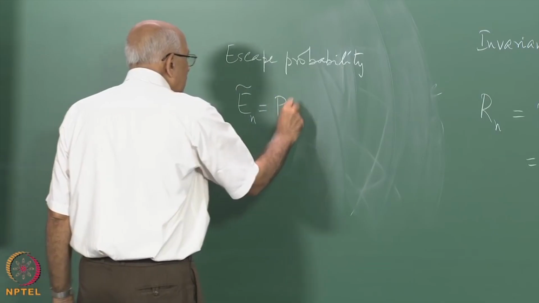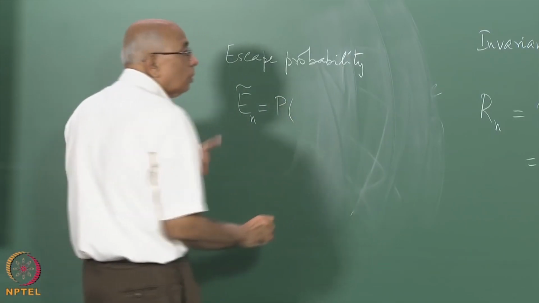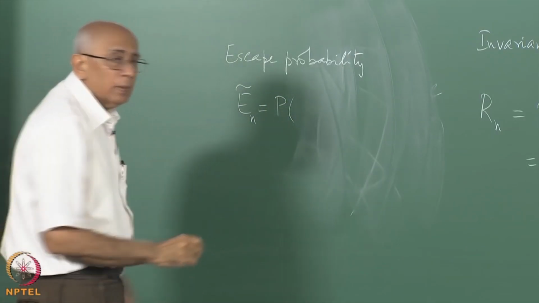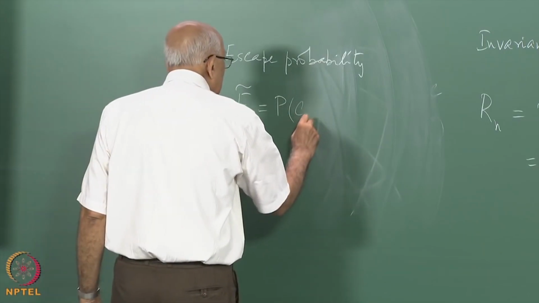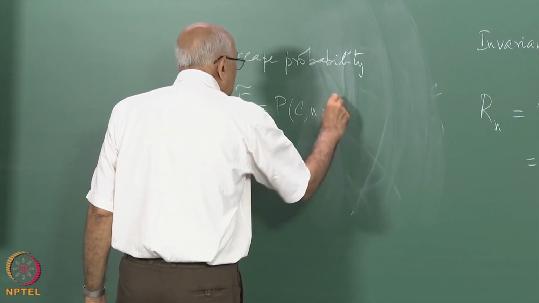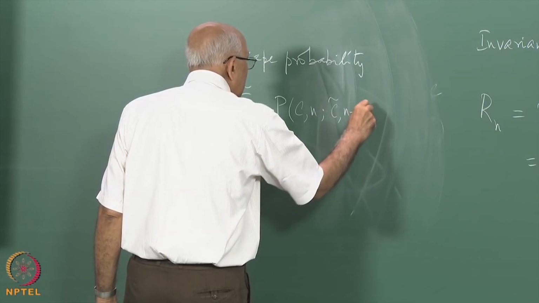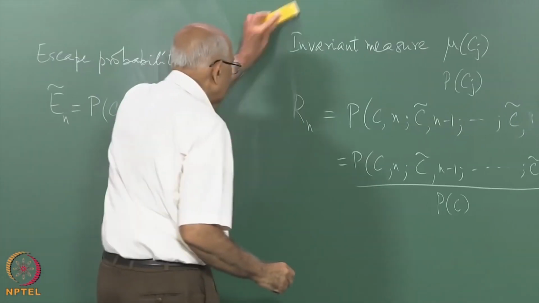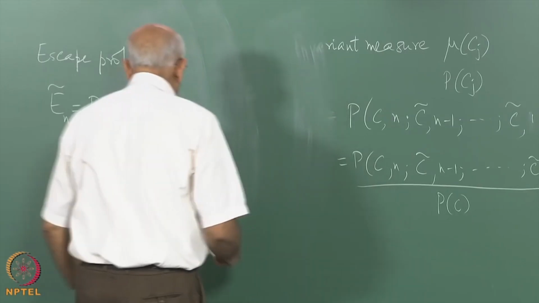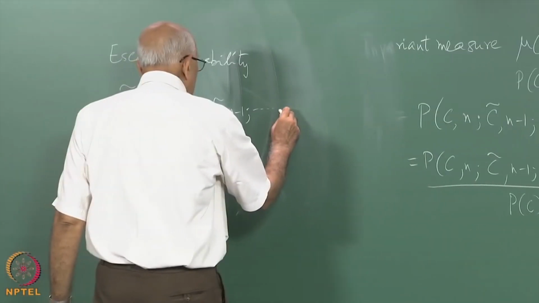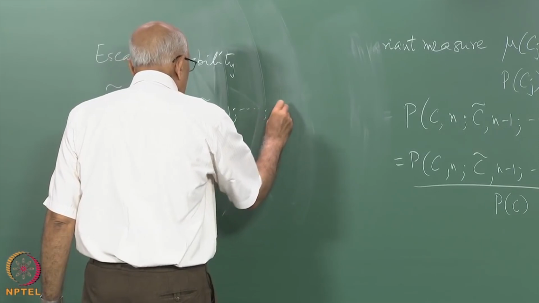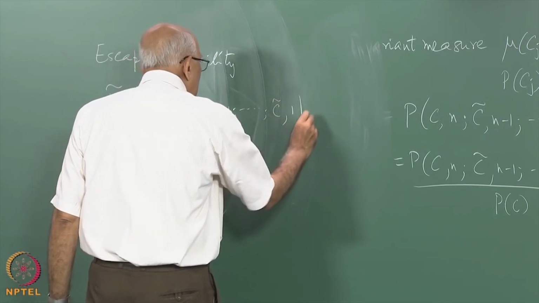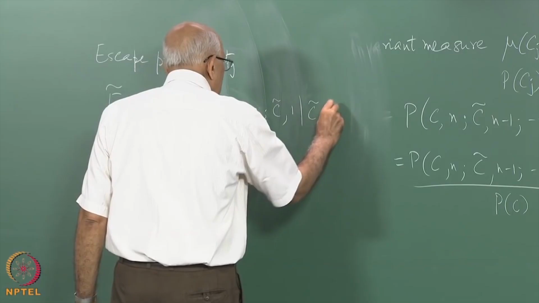This is the probability that you are out of C tilde at some time, so C n, given that you were inside at all earlier times, including C tilde 1, given that you were in C tilde at time 0.